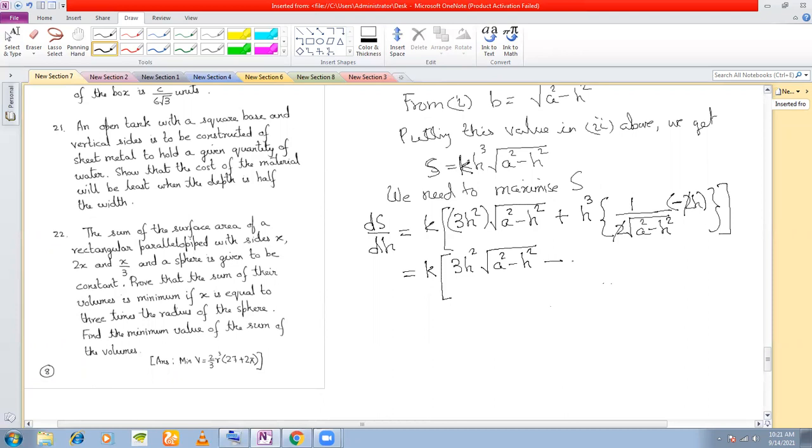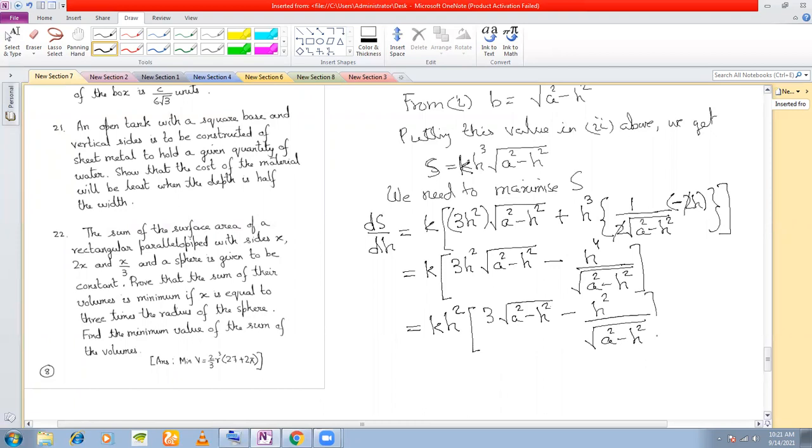We'll combine here to give you minus h to the power of 4 divided by root over of a square minus h square, which is equal to, now you can take out h square also, k h square into 3 root a square minus h square minus h square by root a square minus h square.